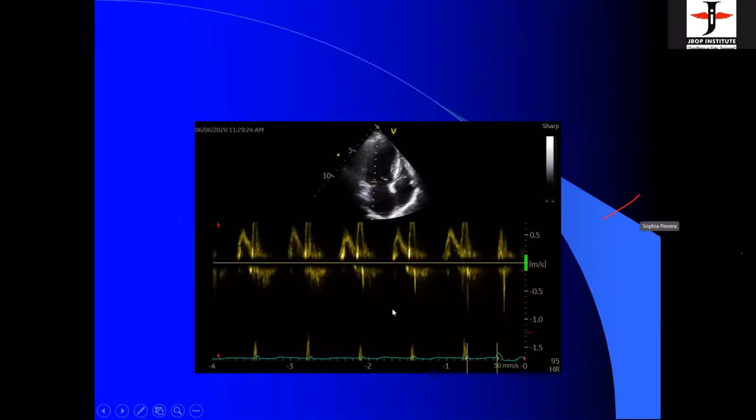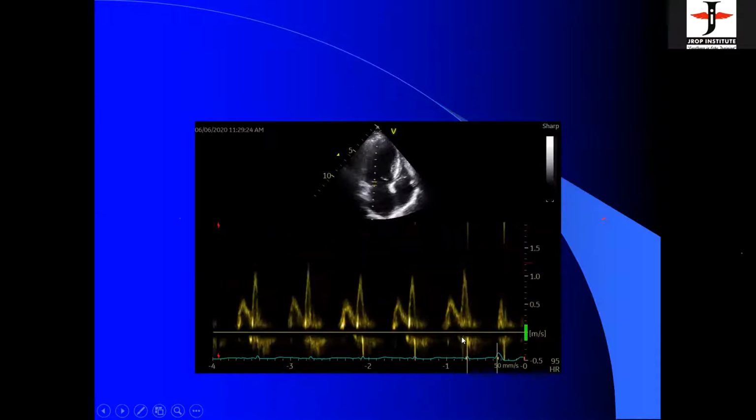A velocity is increased in the opposite direction of the movement of the baseline. For example, here you see, it is 0.5 here, 1.5, because we have brought the baseline below. So when you bring the baseline below, the velocity above increases. But with a pulse Doppler, you cannot have that much increase in velocity.